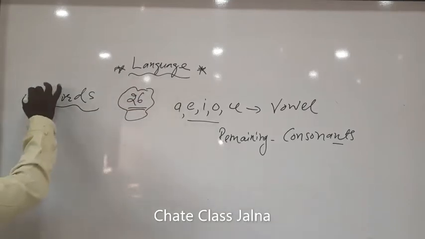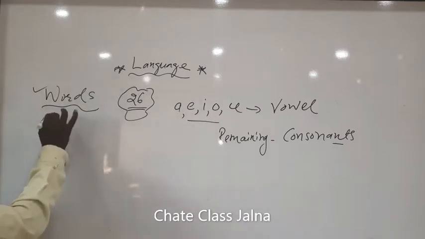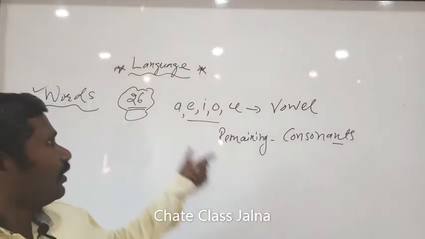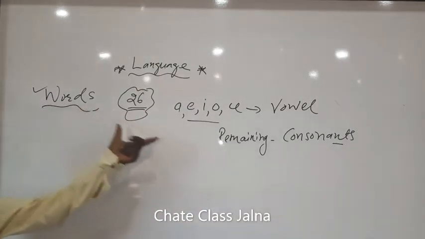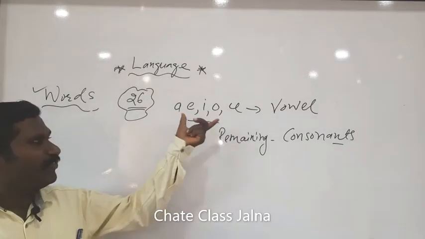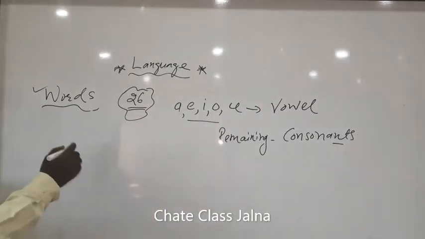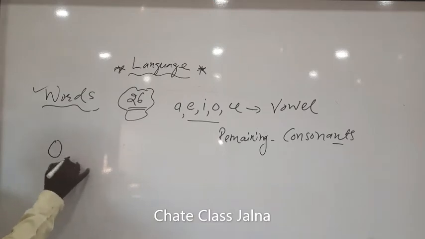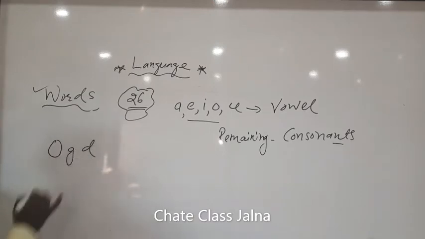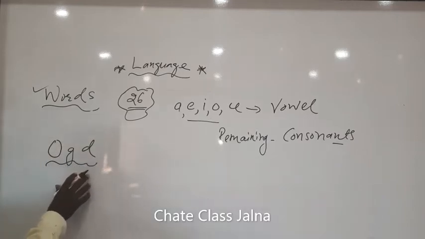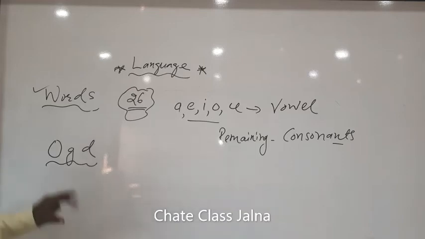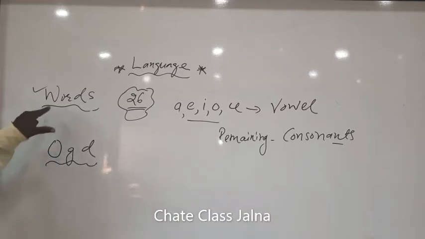So we should know the definition of the word, to know how sentences are actually formed. Words are a combination of alphabet, we can say. But if I write like this, O, G, D, these are alphabet, but being a collection, we cannot call it a word.